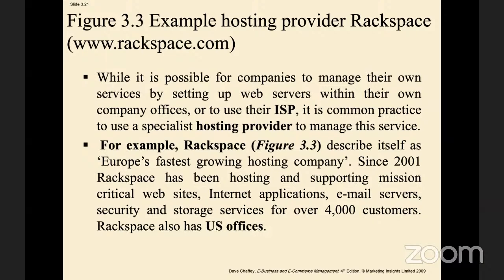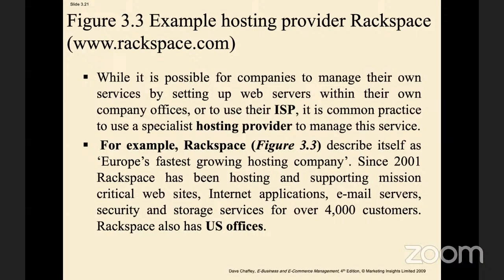Rackspace, figure 3.3, describes itself as Europe's fastest growing hosting company. Since 2001, Rackspace has been hosting and supporting mission critical websites, internet applications, email servers, security, and storage services for over 4,000 customers. Rackspace also has US offices. So it's a very big company.